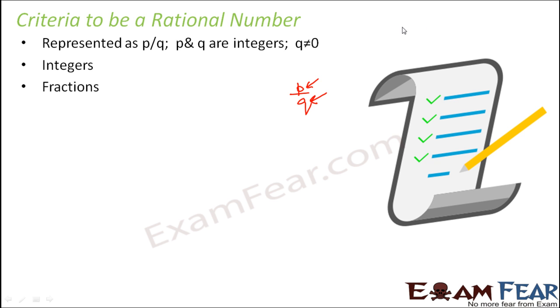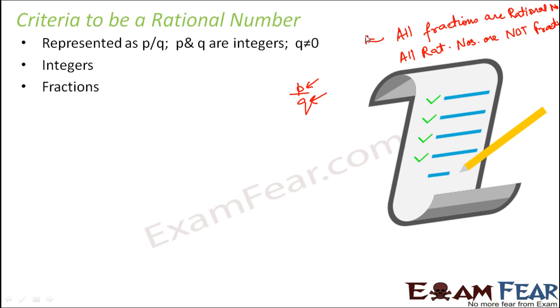So basically this means that all fractions are rational numbers, but all rational numbers are not fractions. I'll give you an example.